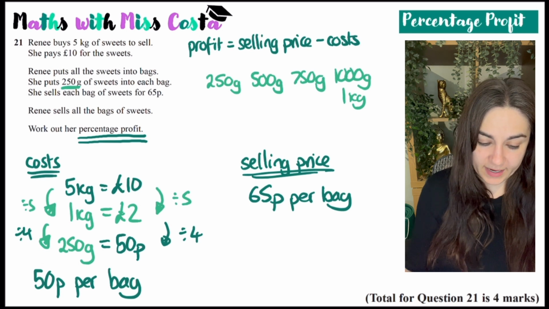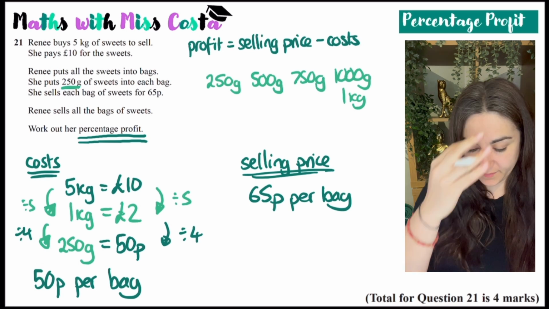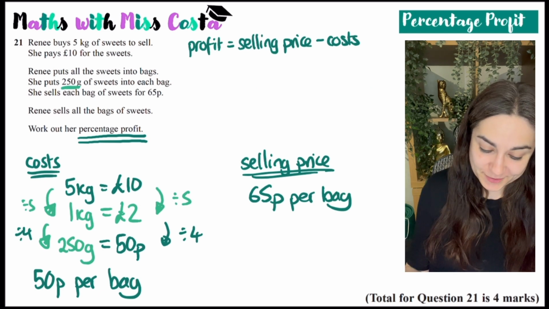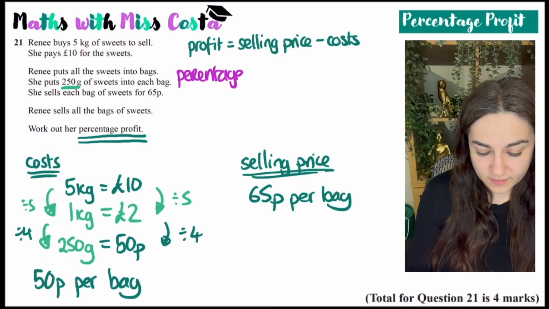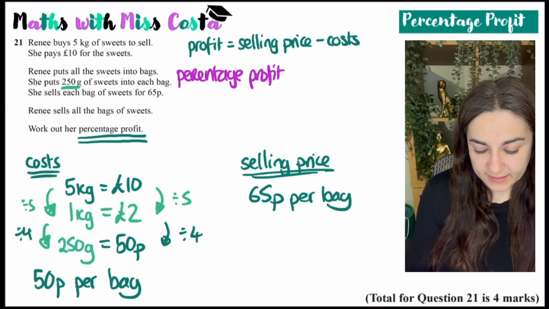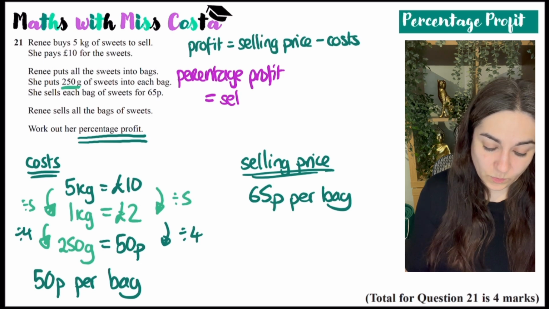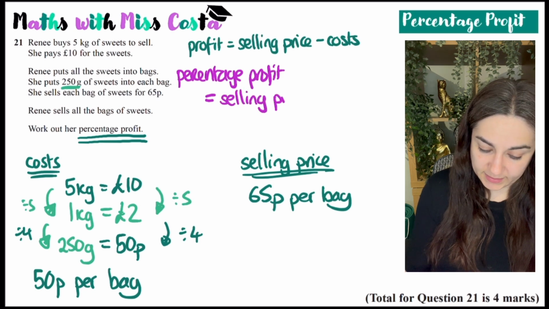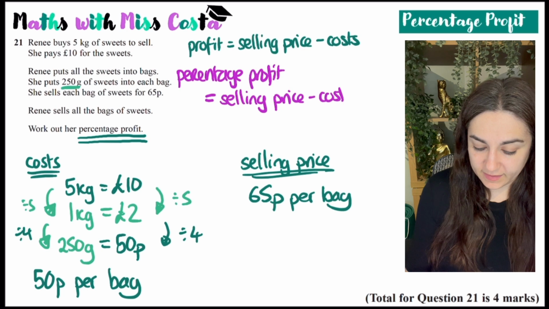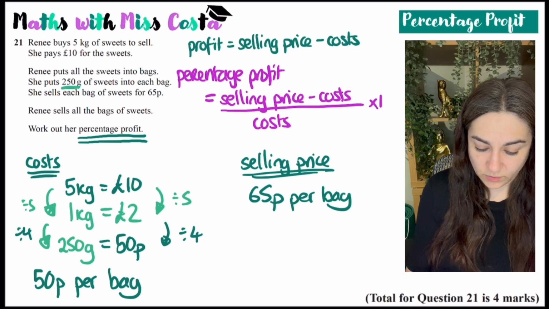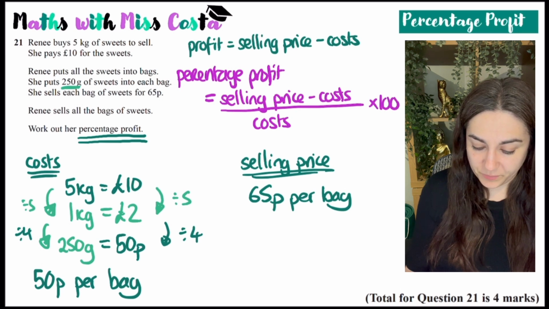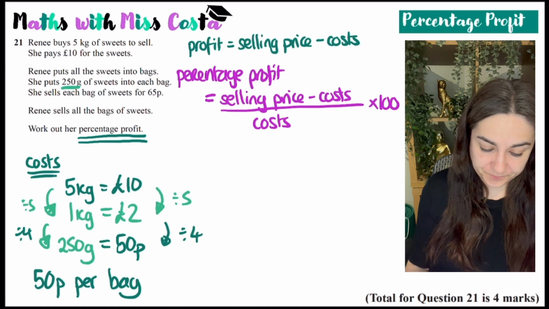So how do I work out percentage profit? The formula for percentage profit is your selling price, take away costs, over your costs, times by 100.